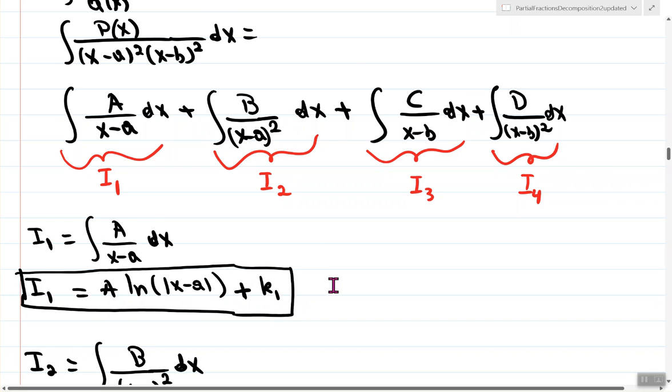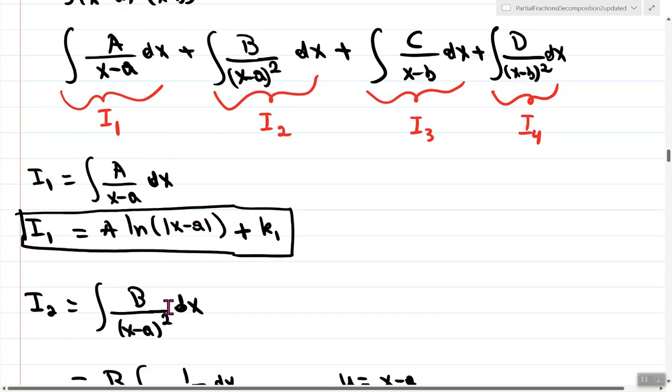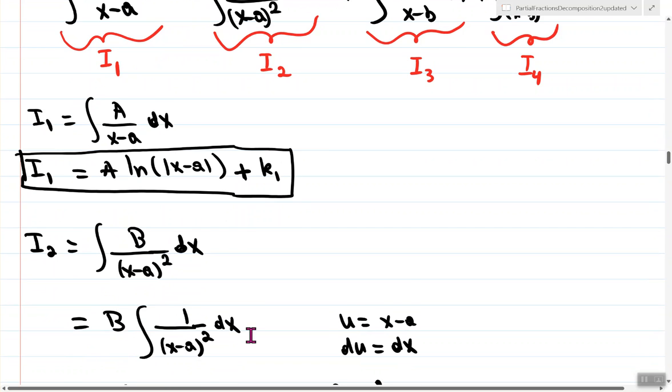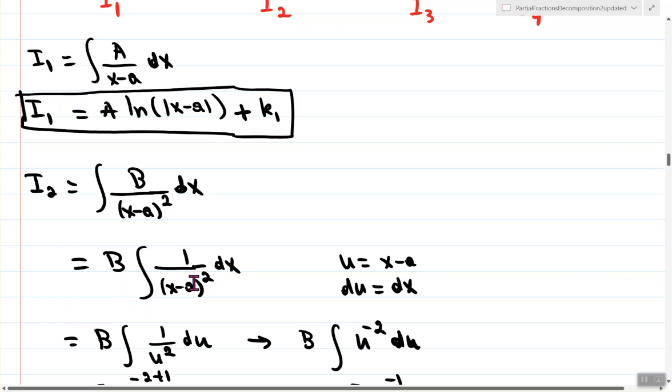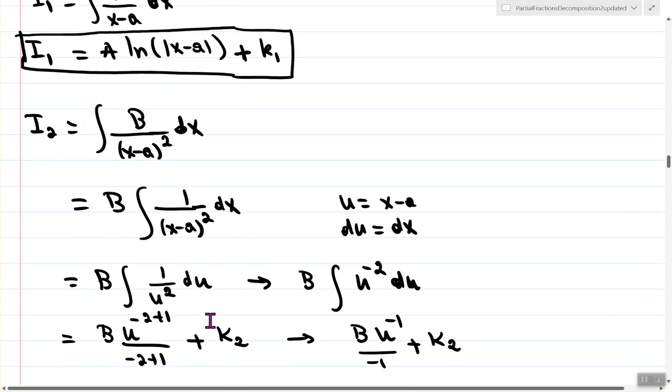Now for the second one, we move B outside because it's a number. So here we're going to deal with the integration of 1 over quantity x minus a squared. But how do you integrate this? We're going to use u substitution. Let u be x minus a, so du is dx. That means this integral becomes 1 over u squared du.